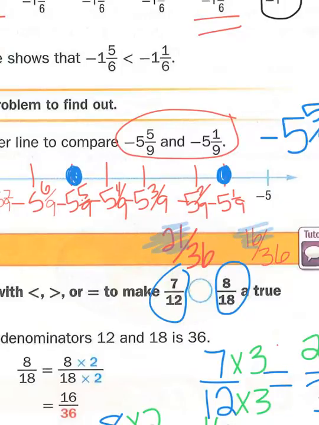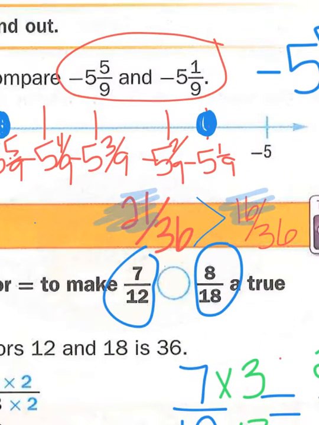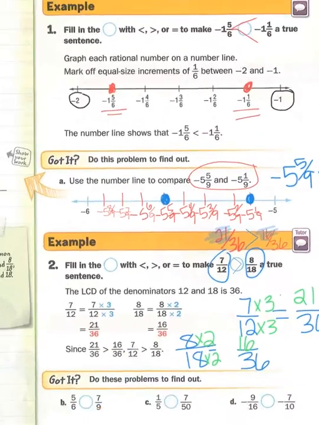And since the denominator is the same now, we know that this would have to be greater than. Okay, 21/36 is greater than 16/36. Or, if we use the original fractions that were given, we now can see that 7/12 is greater than 8/18.